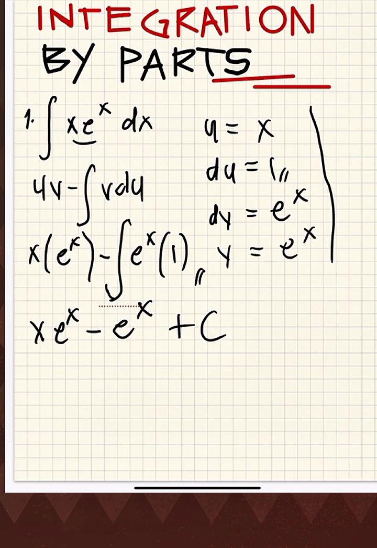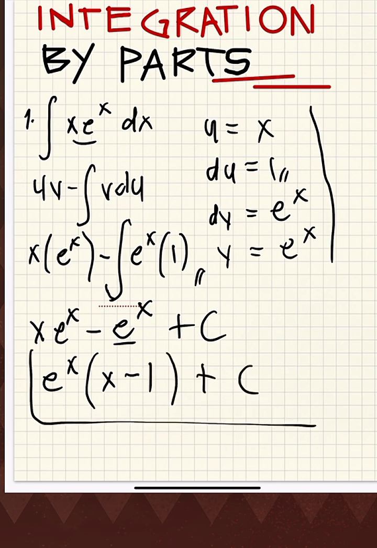So as we can see, there is a remaining factor, or it is factorable. The factor for this is e raised to x. So x e raised to x divided by e raised to x, the remaining will be x. And right here, it will be x minus 1 plus c. So this is our final answer.